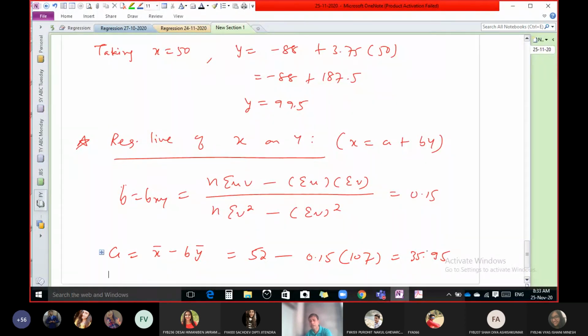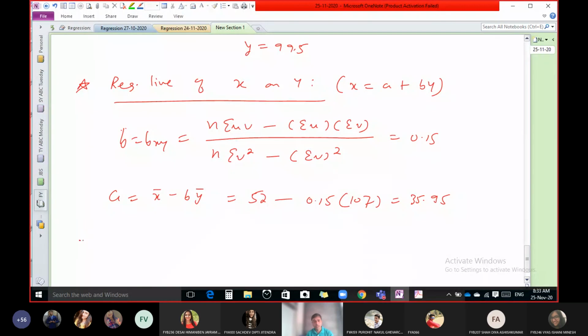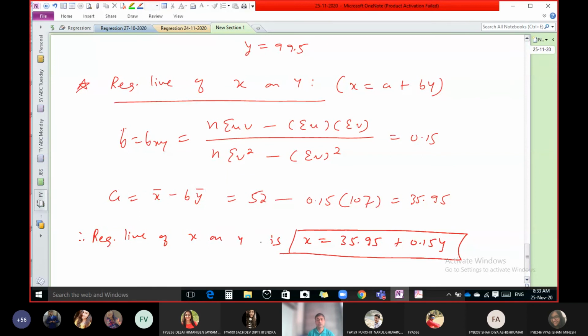And once we have the value of a and b, you can write the answer. Regression line of x on y is x equal to 35.95 plus 0.15y. That is the answer for regression line of x on y. So that is the way to find out the answer.